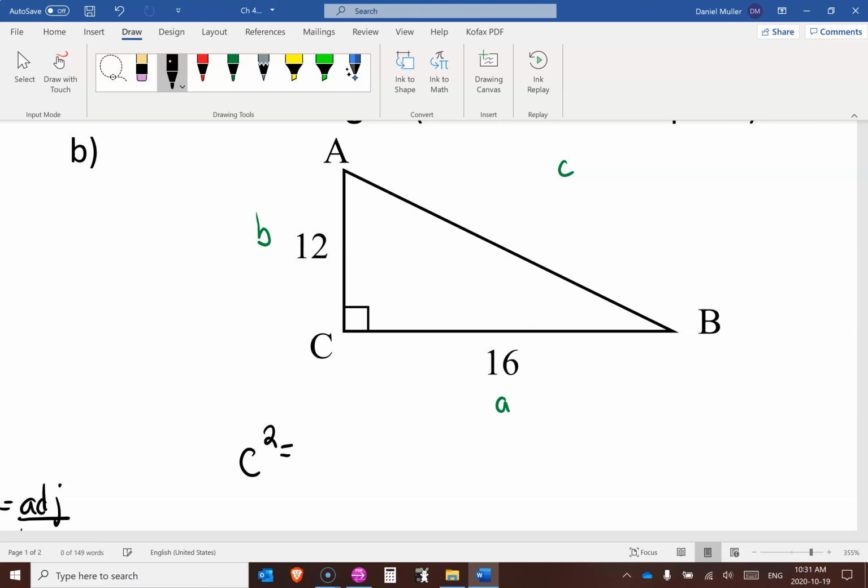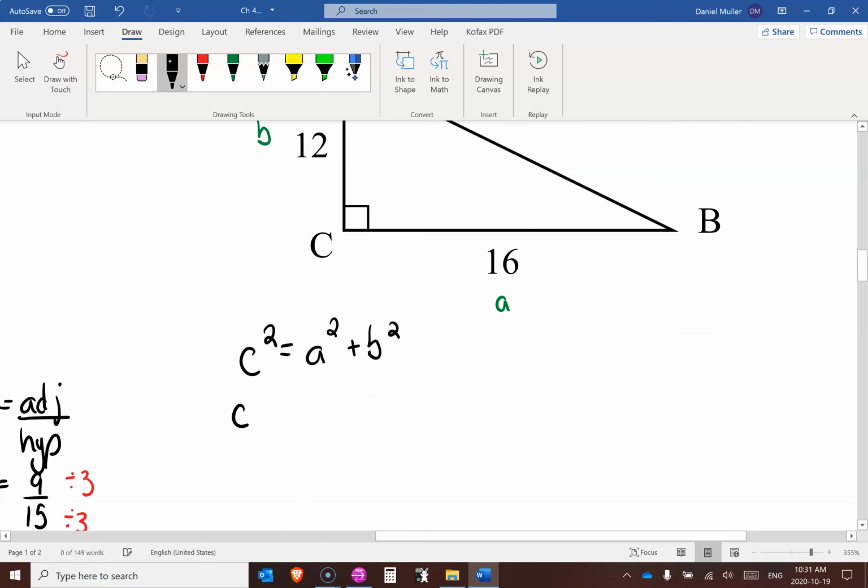So whenever you find the hypotenuse, you just add the legs together. A squared plus B squared. So C squared is equal to A, which is 16, squared plus B, which is 12, squared.